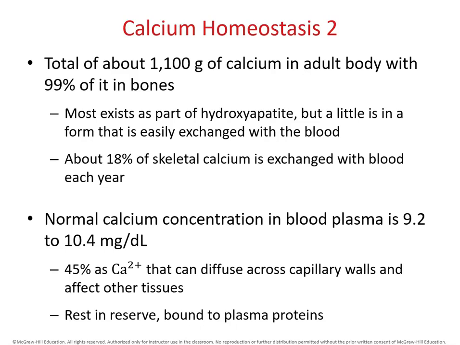It's part of that hydroxyapatite mineral that we've talked about previously, and a little bit gets exchanged constantly with the blood. We have a relatively small amount of calcium that is normally in our blood plasma, and most of it is used to diffuse across capillary walls.